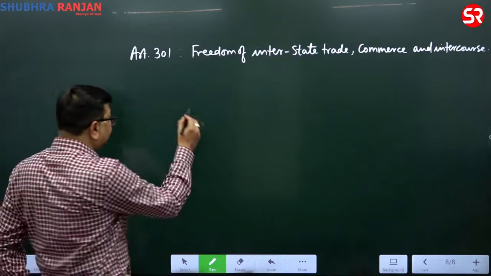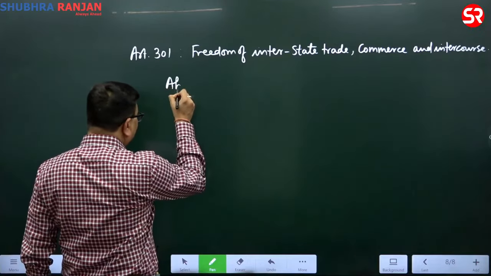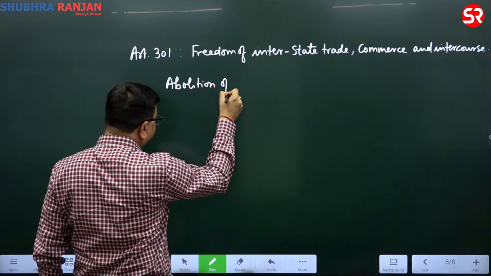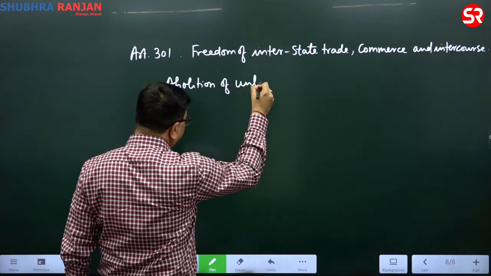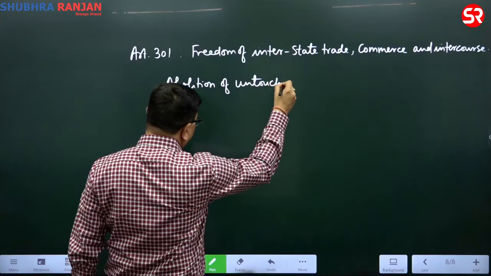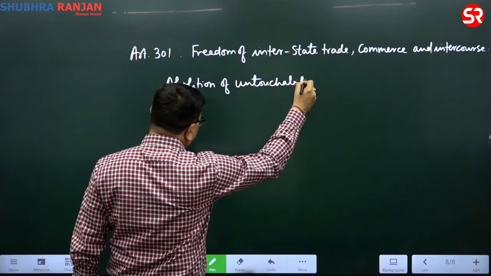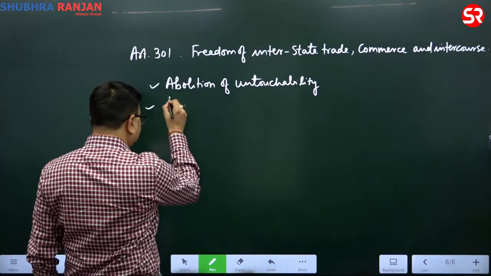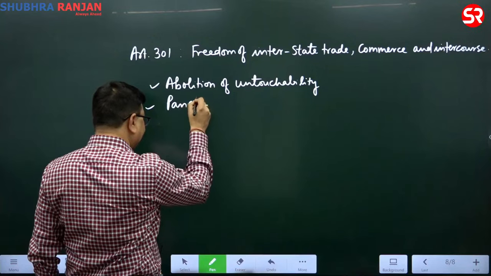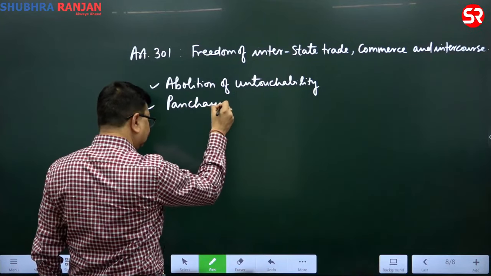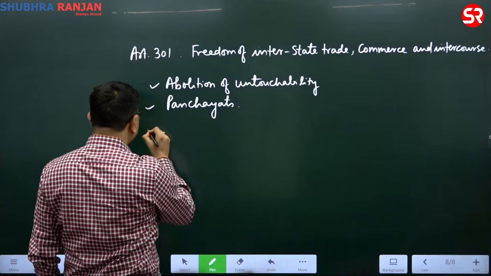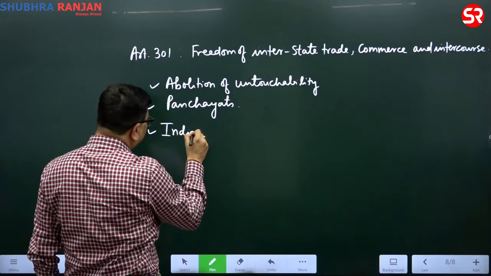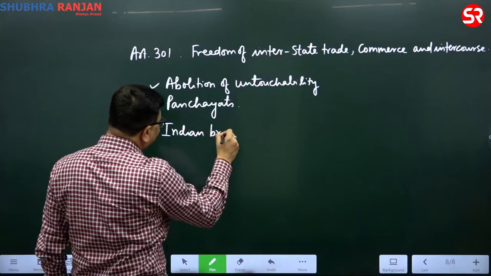Like abolition of untouchability, then panchayat, then Indian brand of secularism, etc.